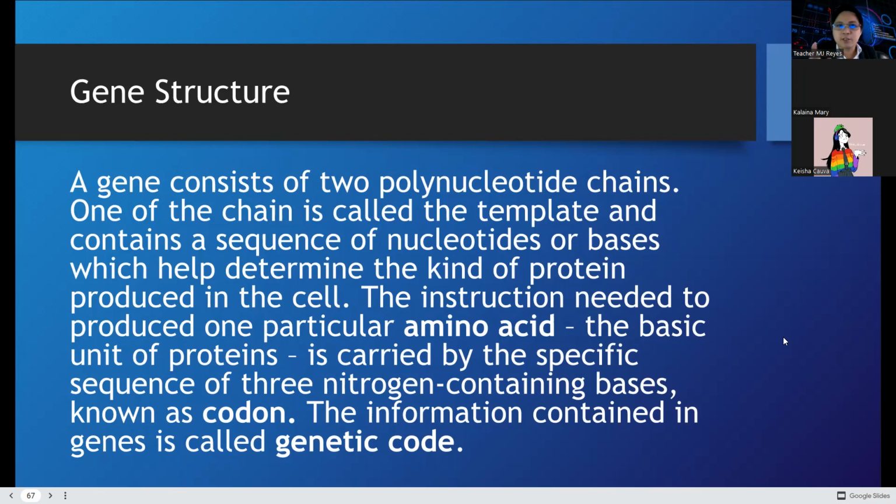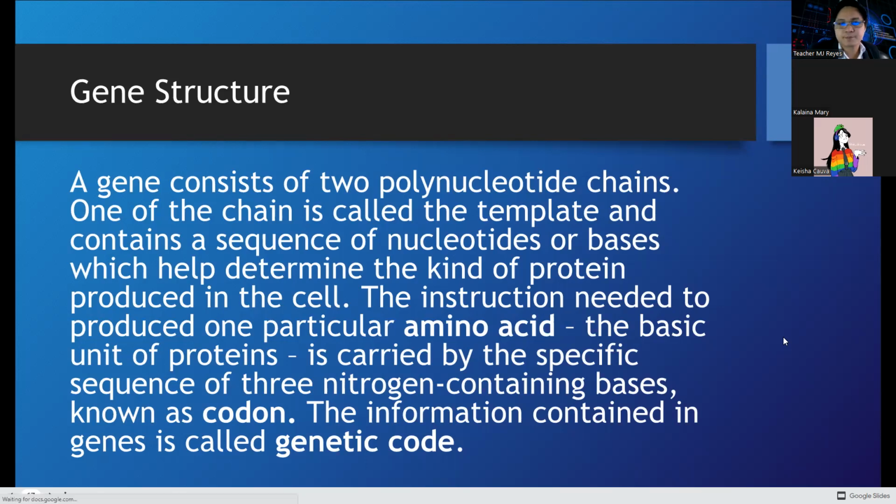So each codon signifies a particular protein that will be generated all throughout the chain of genes. Okay. The information contained in the genes is called the genetic code. The genetic code is sequenced into 3 nitrogen-containing bases, which determine a particular protein to be created.